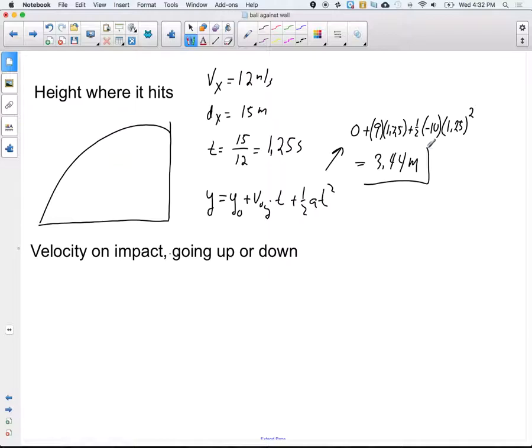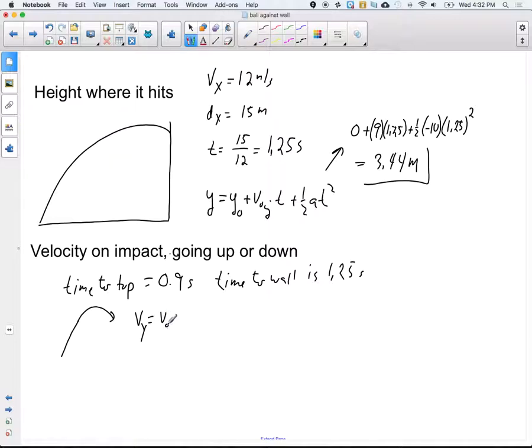Well, one thing you remember is that the time to top was equal to 0.9 seconds. The time to wall is 1.25 seconds. So it must be on its way down. We can also confirm that by saying the velocity at that point is v0y plus at.